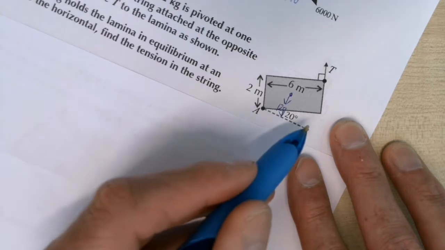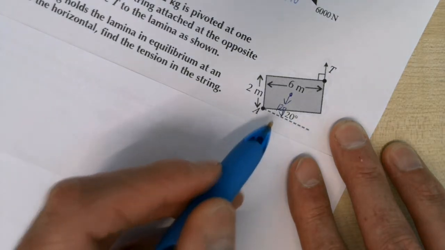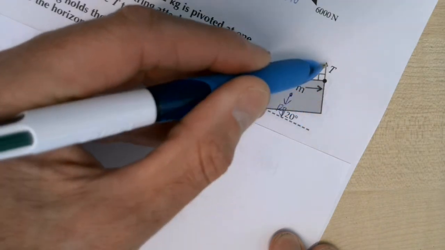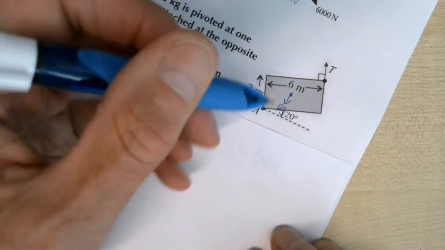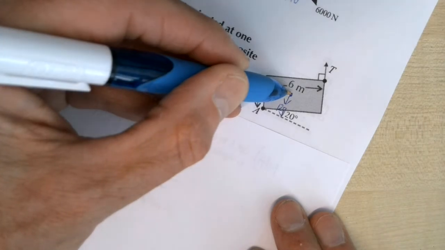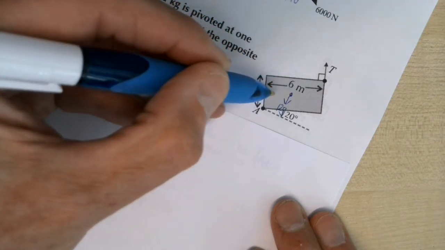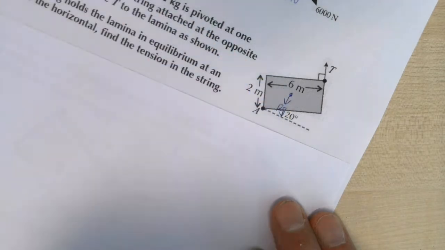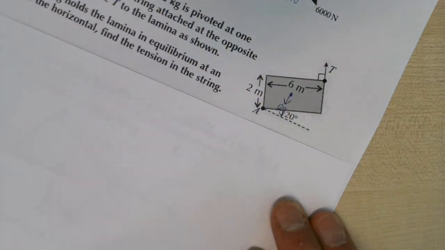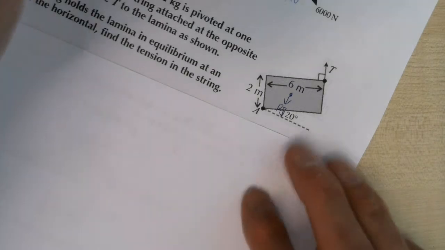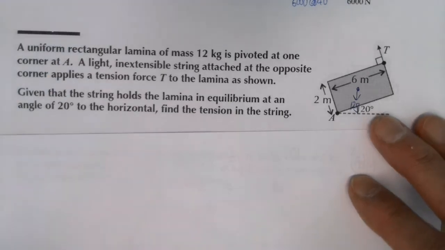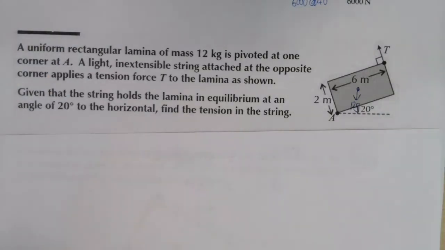This force is acting perpendicular to the lamina, so I'm going to just take moments about A. This is going to be an anti-clockwise moment, but so is the component of that force. This force is going to be a clockwise moment, and we're told in this case that it's in equilibrium. So go on, see if you can have a go at that question there.